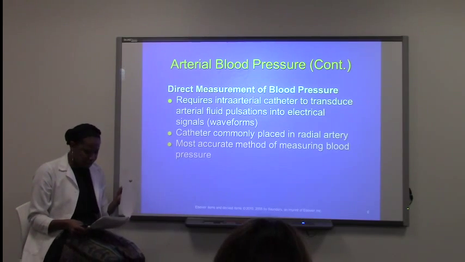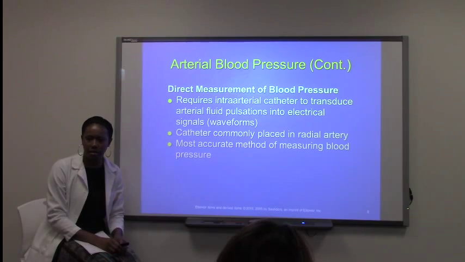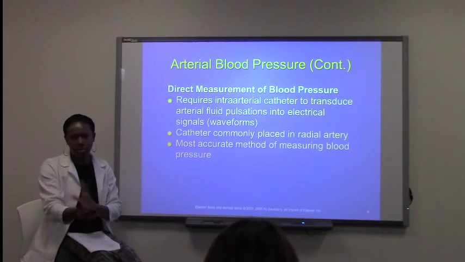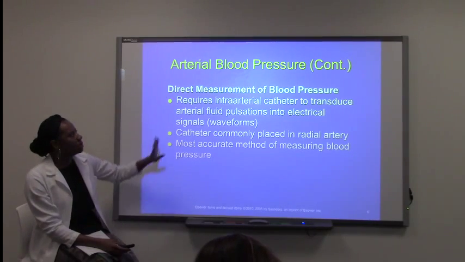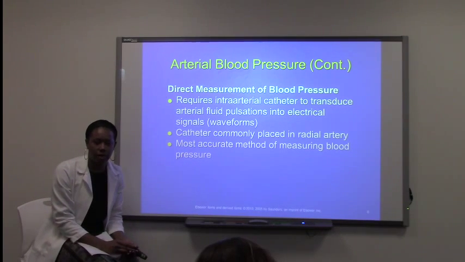Now, there are two different types of measurements of blood pressure, believe it or not. Most of the time we already know what we call the indirect way, which is the blood pressure cuff. But they do have a direct way, where they can actually place a catheter in the radial artery.